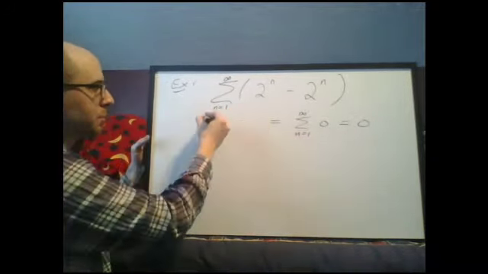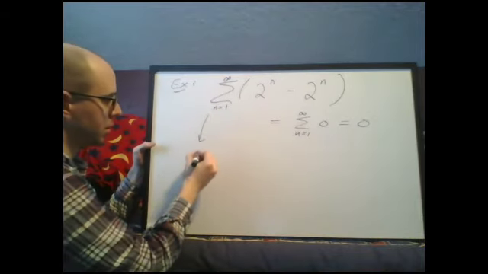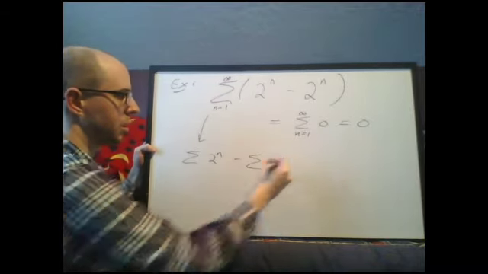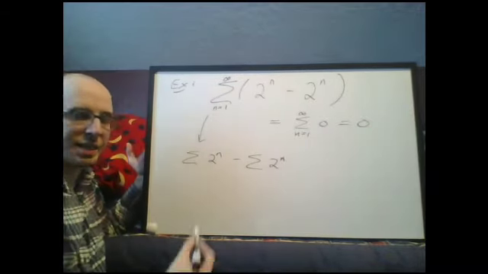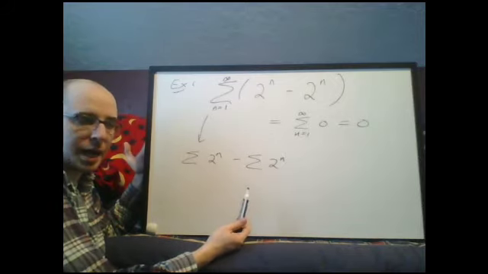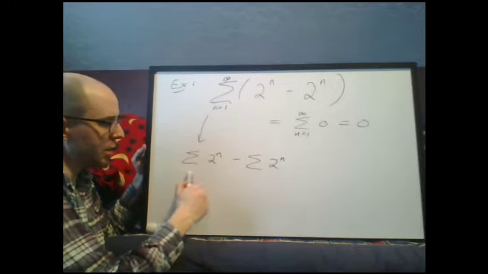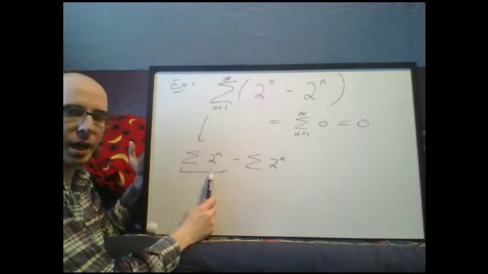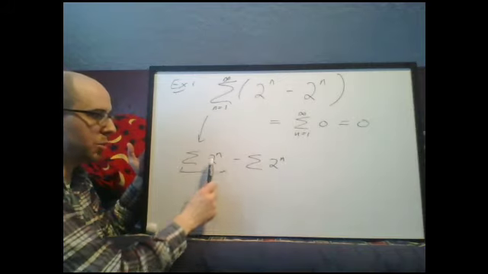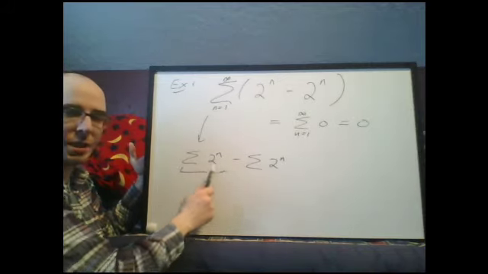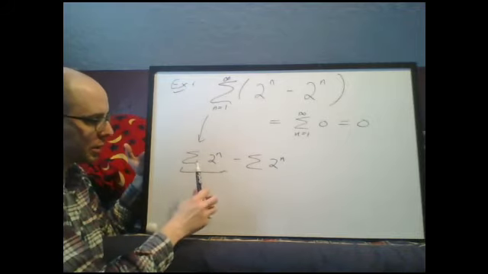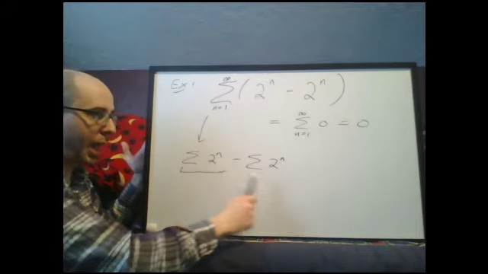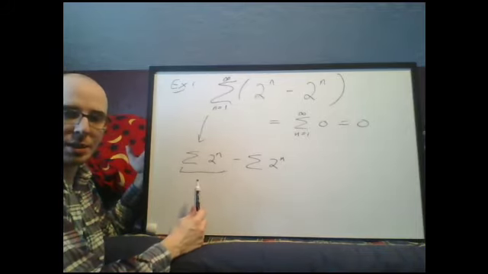But if I were to split this up like this, again it looks like we have two of the same thing and they're canceling, but individually these don't have answers. 2 to the n is a geometric sequence with r greater than 1, so this is a divergent series. So this is does not exist minus does not exist. That doesn't really make sense. You can't talk about adding or subtracting things when the things don't even exist.